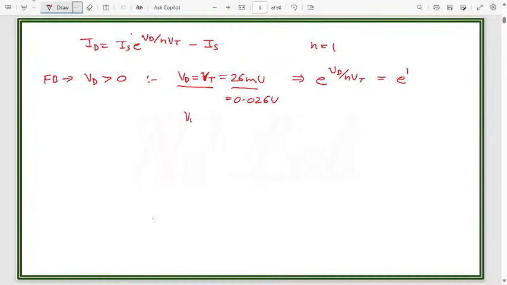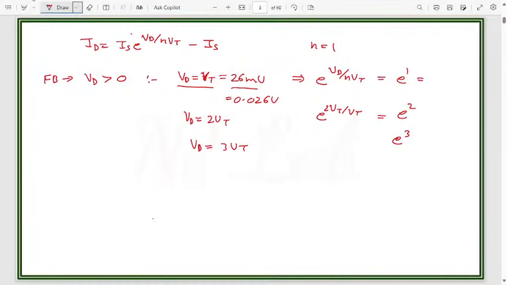If Vd is equal to 2 Vt, then the exponential will be 2 Vt upon Vt, right? So we will get e power 2. If Vd is equal to 3 Vt, then our exponential will be 3. Now what is e power 1?